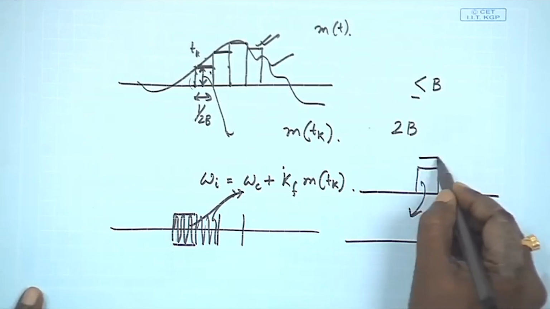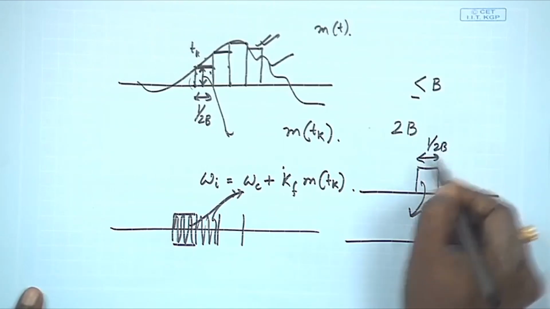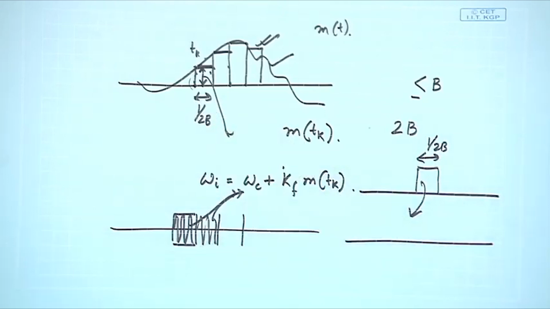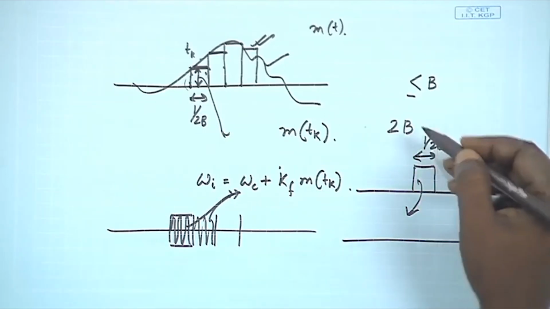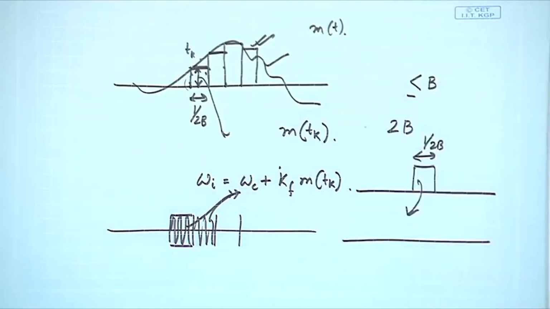If 1 by 2b is the width of that pulse, because of the sampling theorem, then 1 by that should be the point where it will be cutting the frequency axis in the positive half, as well as minus of 1 by that in the negative half.